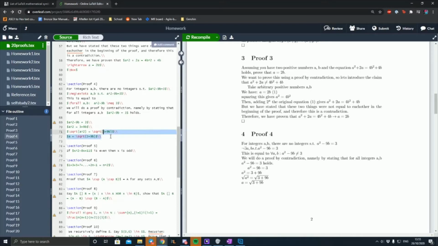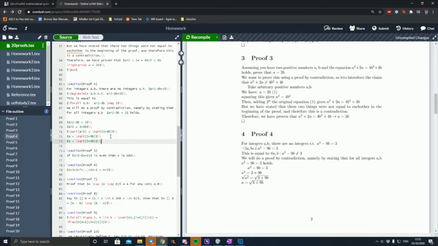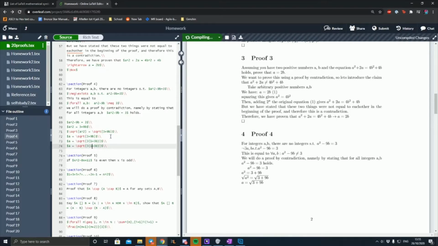That's a good one. I see what you're saying. So if I take the 3 out, this becomes 1 plus 3b, and that is the same as the square root of 3 times the square root of 1 plus 3b.